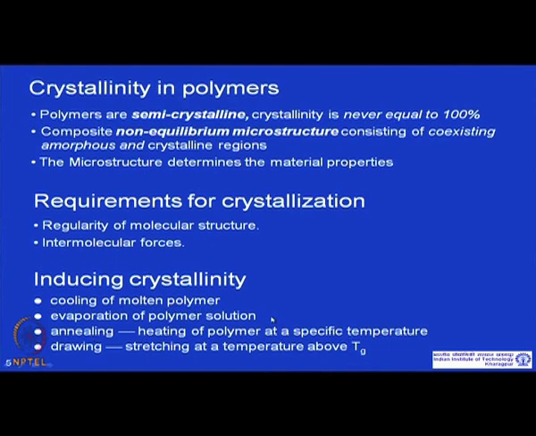You can introduce crystallinity by evaporating a polymer solution slowly, and another way we can induce crystallization is by drawing, which basically means stretching the polymer strands or chains at a particular temperature above Tg, by which they can align and then crystallize with each other.